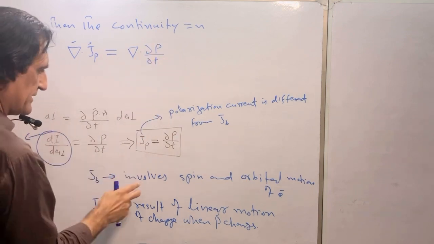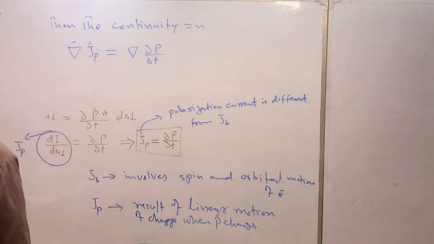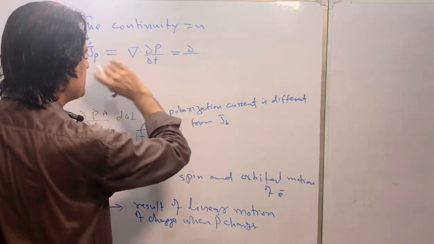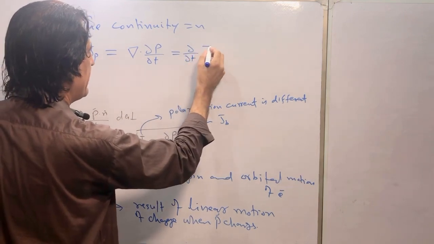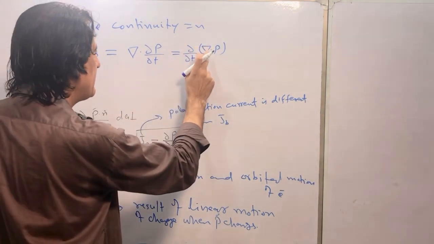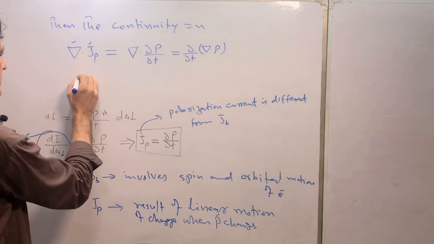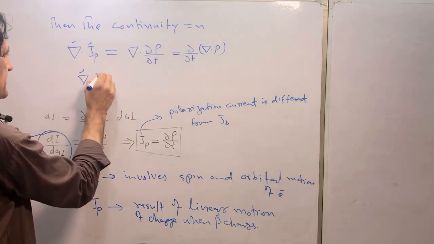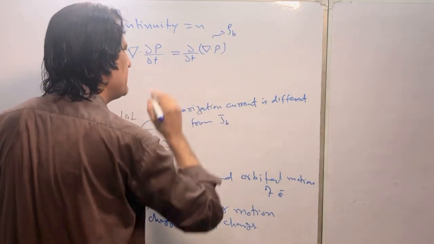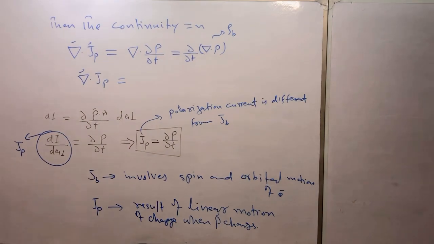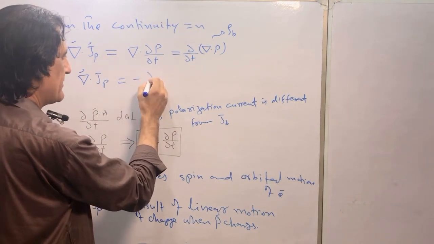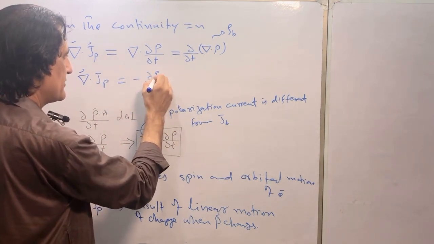Further, this is the divergence of Jp, which is actually equal to minus partial rho B over partial t, the bound charge density, with the minus sign.